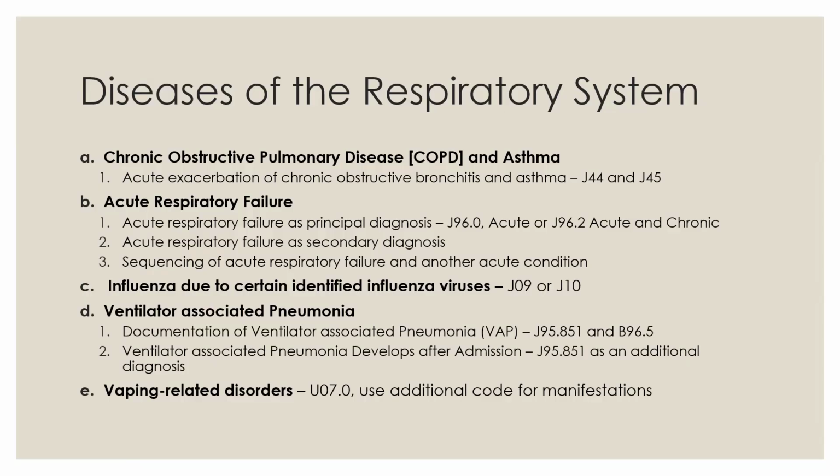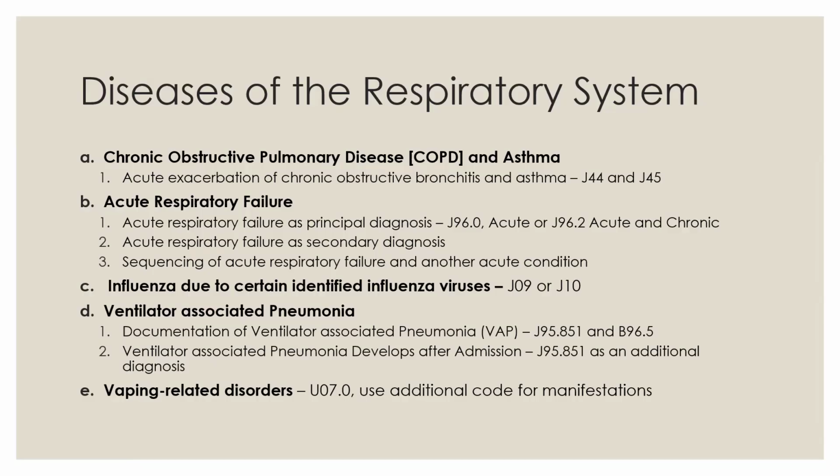Code J95.851 should not be assigned for cases where the patient has pneumonia and is on a mechanical ventilator, and the provider has not specifically stated that the pneumonia is ventilator-associated pneumonia. If the documentation is unclear as to whether the patient has a pneumonia that is a complication attributable to the mechanical ventilator, then you need to query your provider.